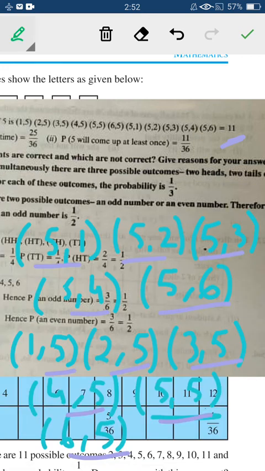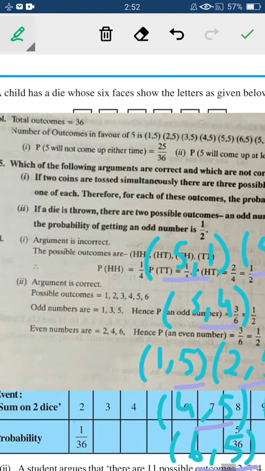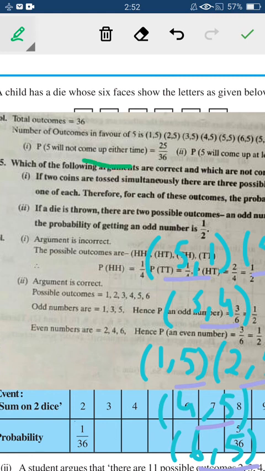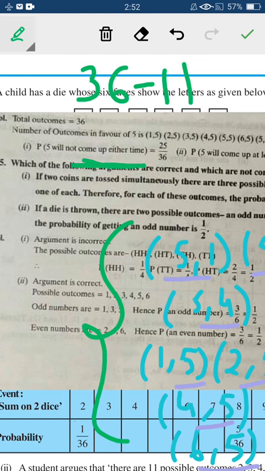So first part is 5 will not come up either time, means 5 will not come either on the first throw of die or on the second throw of die, right? So 11 outcomes cannot come. Out of how many outcomes? 36. So from 36 we are subtracting 11 outcomes, which I have explained you, that contains 5, right?